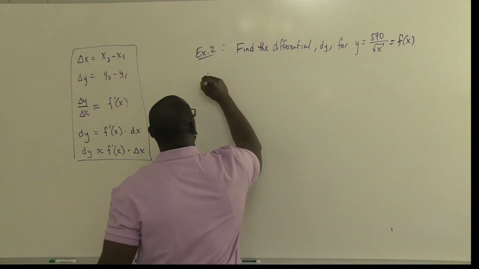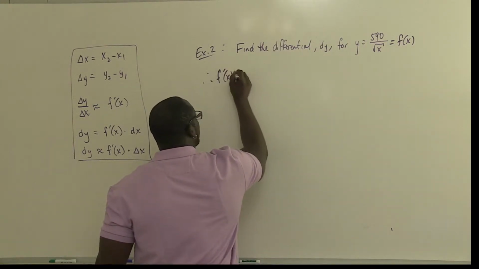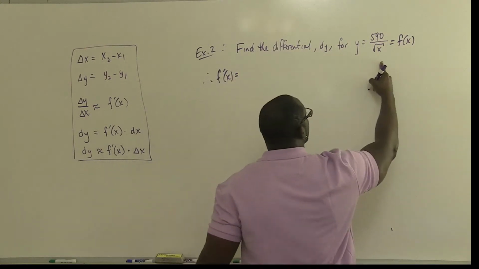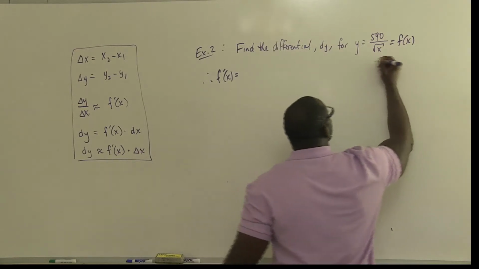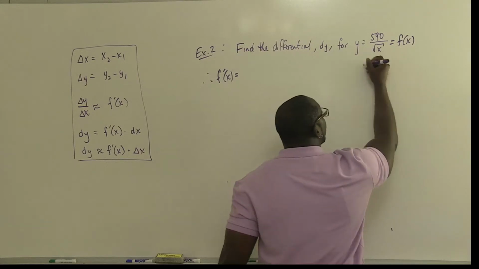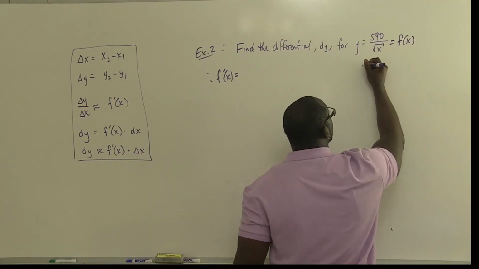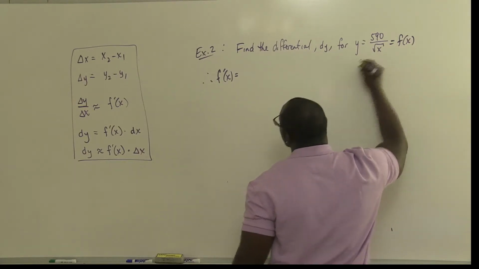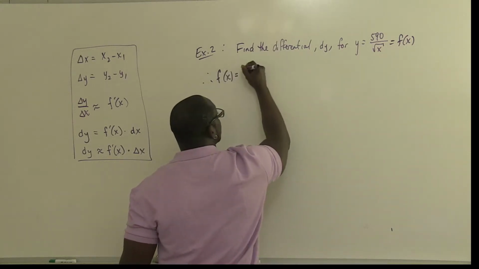So here, if we do f prime, we know that this 590 divided by the square root of x can be rewritten as follows.